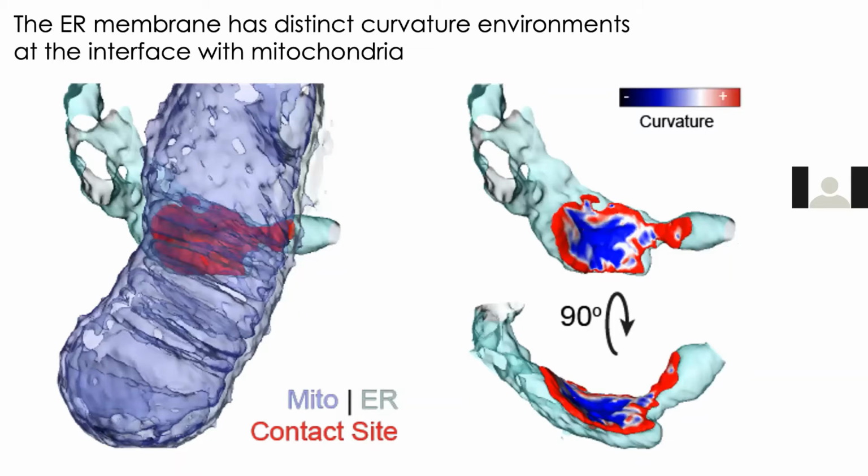Unlike the entirety of the rest of the organelle, the ER is uniformly very highly positively curved because it's made up of such tiny tubules. However, in the region at the center of the contact site with the mitochondria, it actually takes on a high degree of negative curvature as it's taking on the imprint of the mitochondria where it is bound.